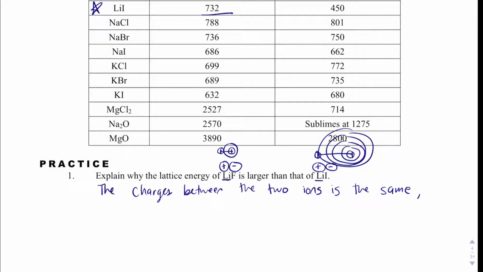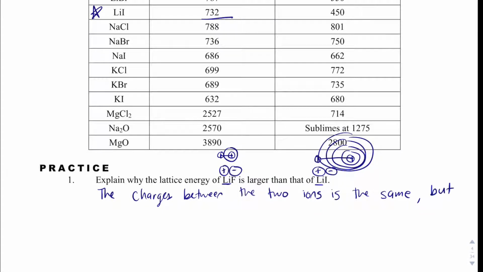So the charges between the two ions are the same, but iodine is much larger than fluorine.